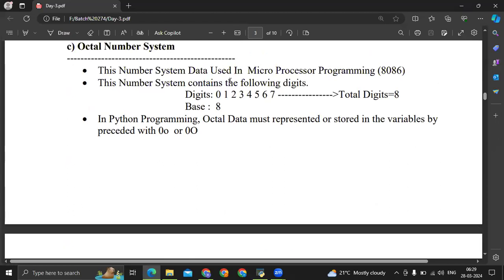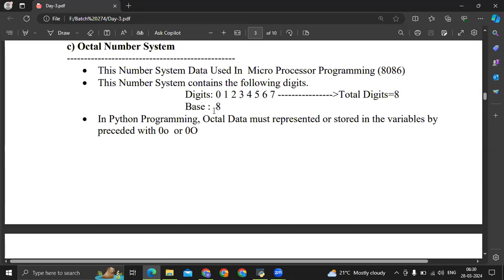This number system data is used in microprocessor 8086 programming. It contains the digits 0 to 7, so total digits are 8. So base is 8. Like base 10, we have decimal number system data.